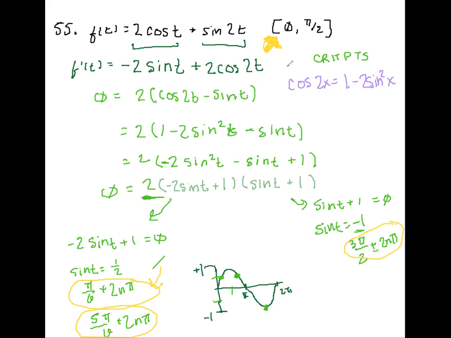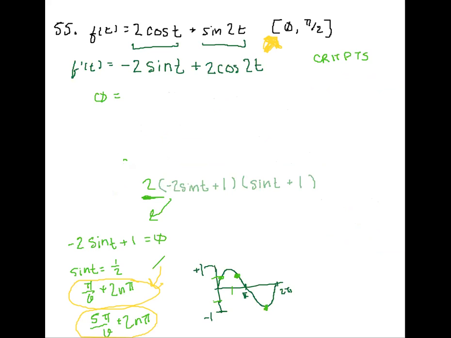Pi over 6. Just plain pi over 6. Okay. So I'm going to erase all of this up to here. Done a lot of work here. Let us see it go.